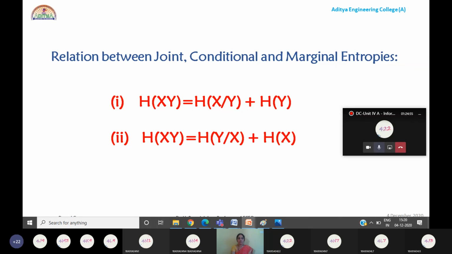H of x comma y is equal to H of x plus H of y by x, you can just say it, no problem. H of x comma y is equal to H of y plus H of x by y, and H of x comma y is equal to H of y by x plus H of x. Yes, yes. Very good.